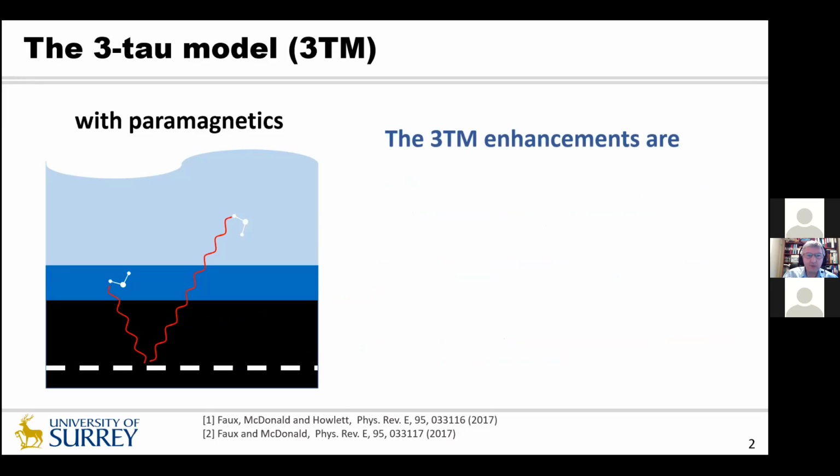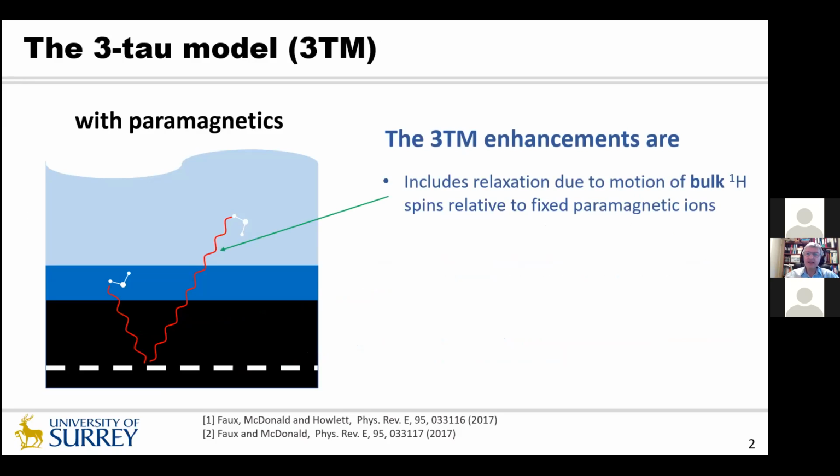The first thing that we do, which is different, is that we also include the relative motion of the bulk protons on the water, the bulk water, relative to the fixed paramagnetic ions, not just the surface layer water as Korb does in his models. So that is added in.